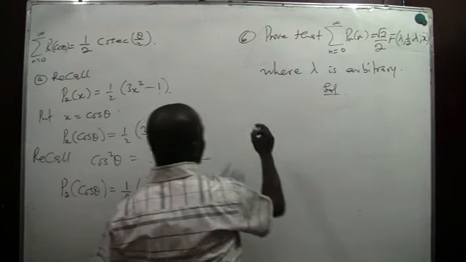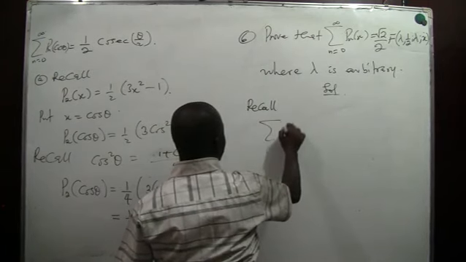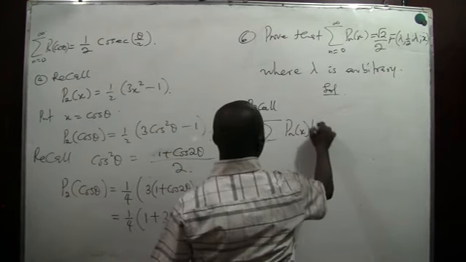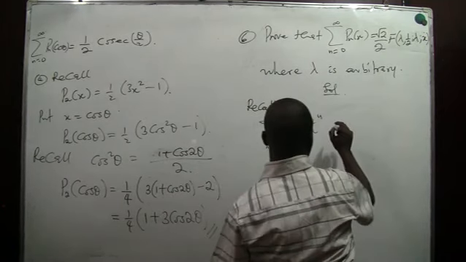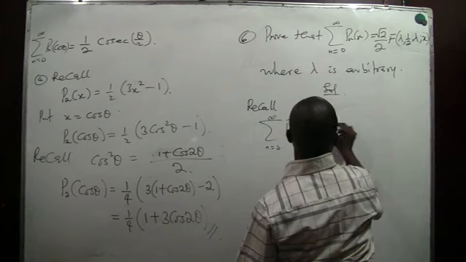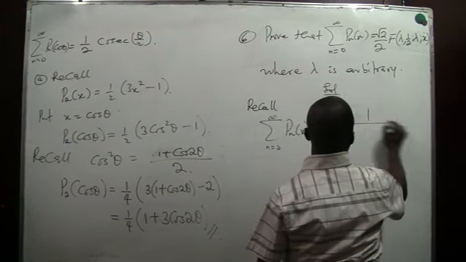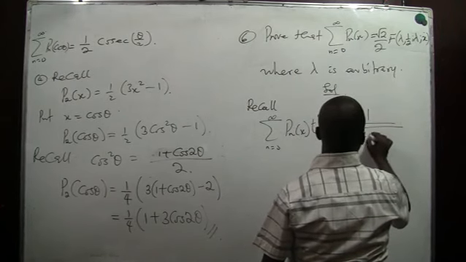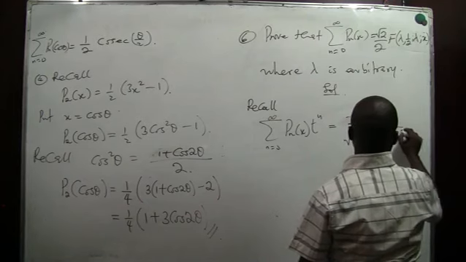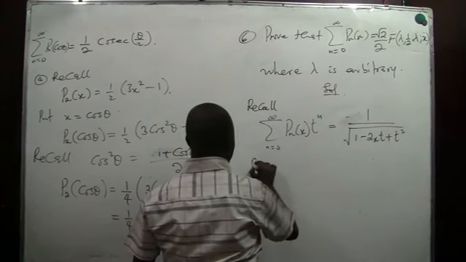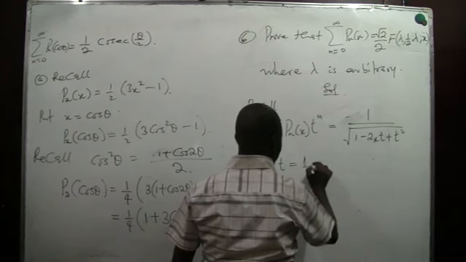If we take t as 1, recall that the summation of Pn of x t raised to power n from 0 to infinity equals 1 divided by the square root of 1 minus 2xt plus t squared. Put t equals 1.